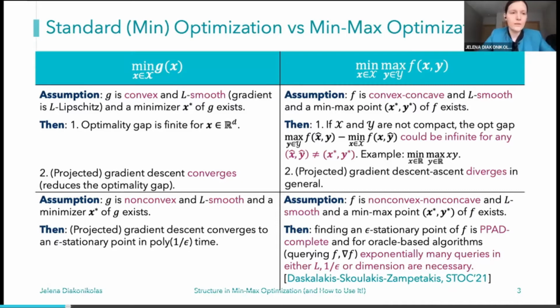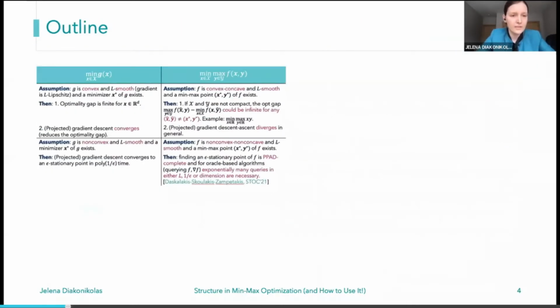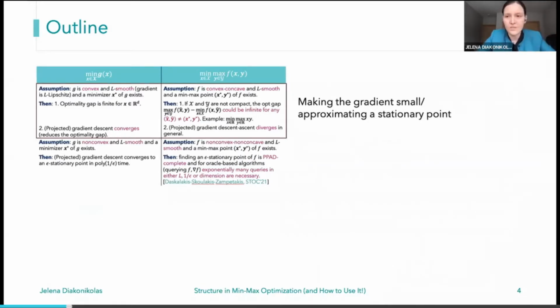Okay, so my plan for this talk is that for the first setup, where I said the gradient descent doesn't make that much sense and the optimality gap could be infinite, I will talk about an algorithm for approximating a stationary point, which in the unconstrained setup would be for making the gradient small, and what is the complexity of this problem and what kind of algorithms work.